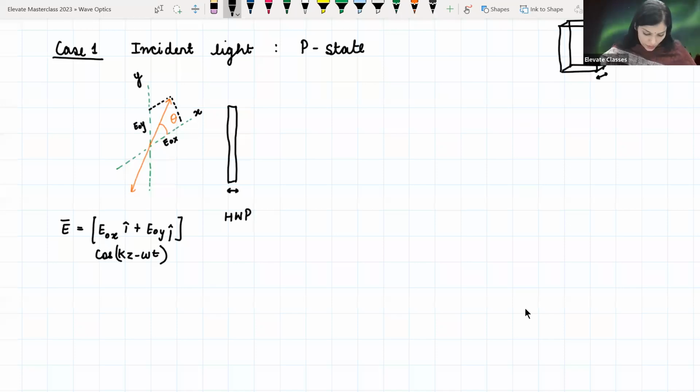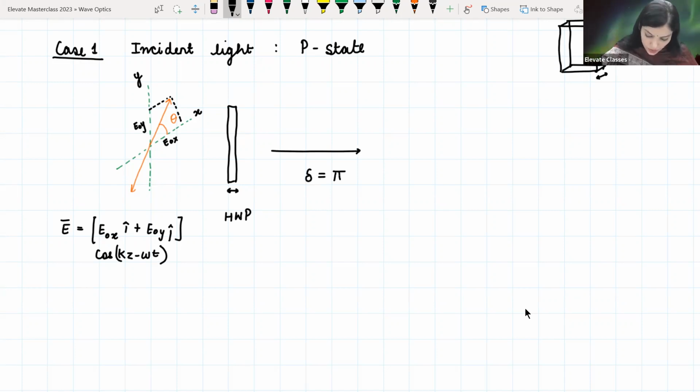So now what is going to happen is that one beam is going to travel faster, and I'll end up introducing a pi phase between the two components. So on passing through this, I'm saying delta is equal to pi.